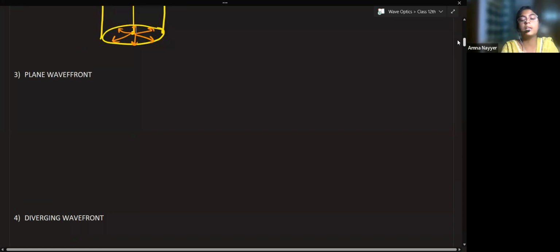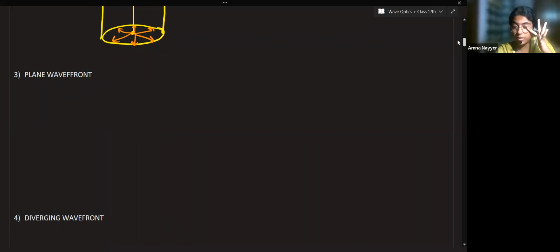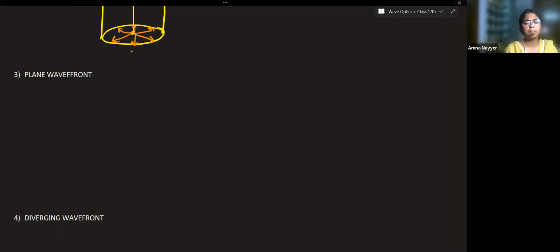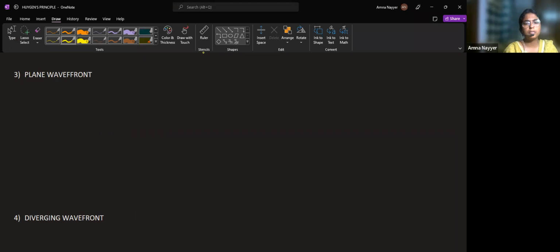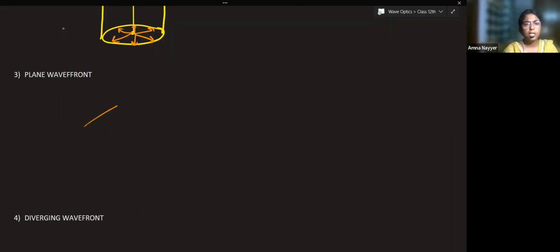Now see, one more type is known as the plane wavefront also. So if a very distant source is there, the source is not visible to you. Due to a distant source, a plane wavefront like this will be obtained. Why will it be obtained?